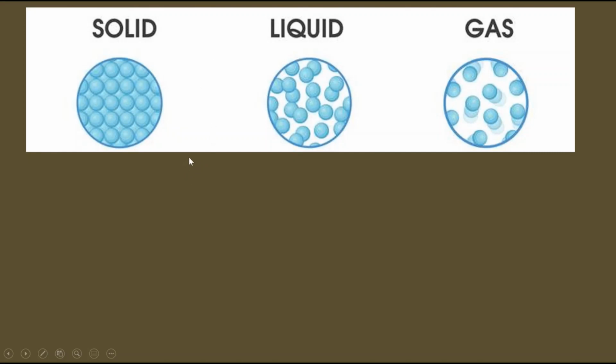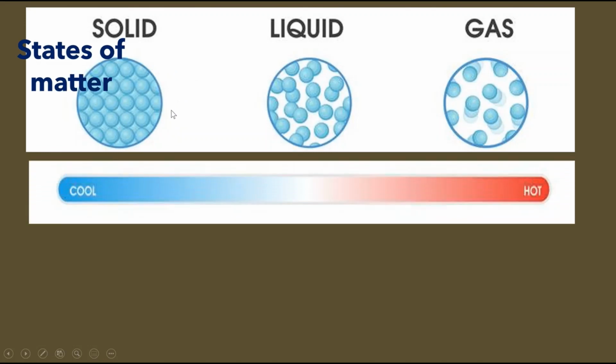And solid happens when things are relatively colder. Now, if we add heat, then we warm up and go to the liquid state, and we further warm up and get to the gaseous state, okay?